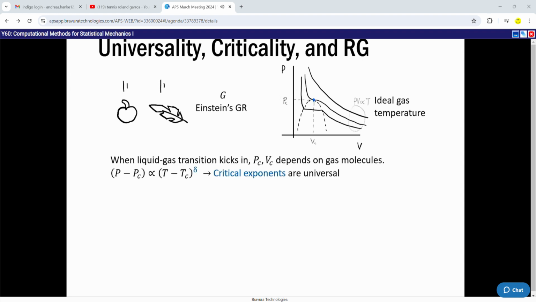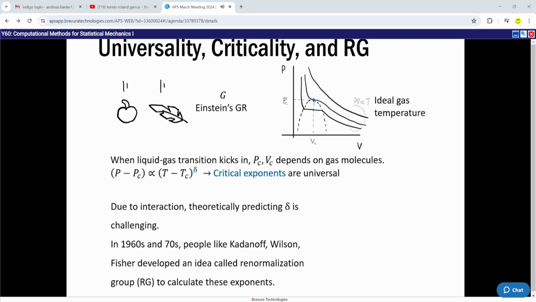And if you study the liquid-gas phase transition, at this critical point, the critical pressure and volume actually depend on different gas molecules. But how these values approach their critical value, its behavior is universal and characterized by these exponents.